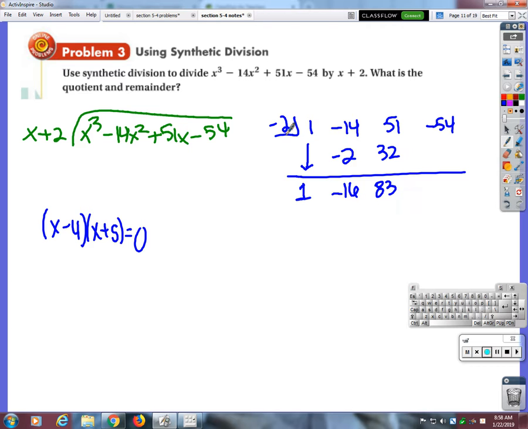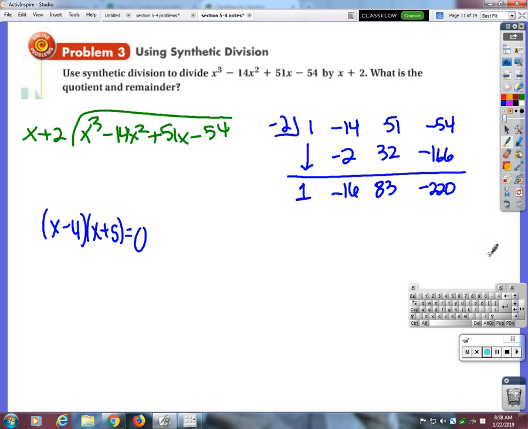Then I multiply again. Negative 2 times 83 is negative 166. If I add those together, I get negative 220. Okay? So hidden in there is my answer.